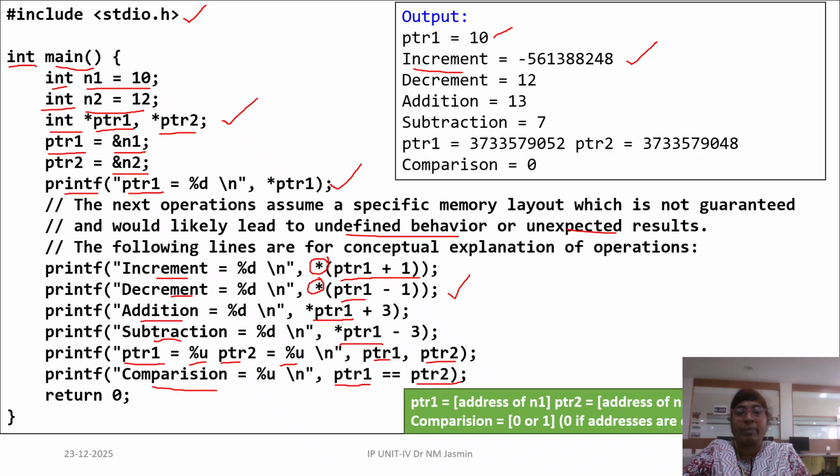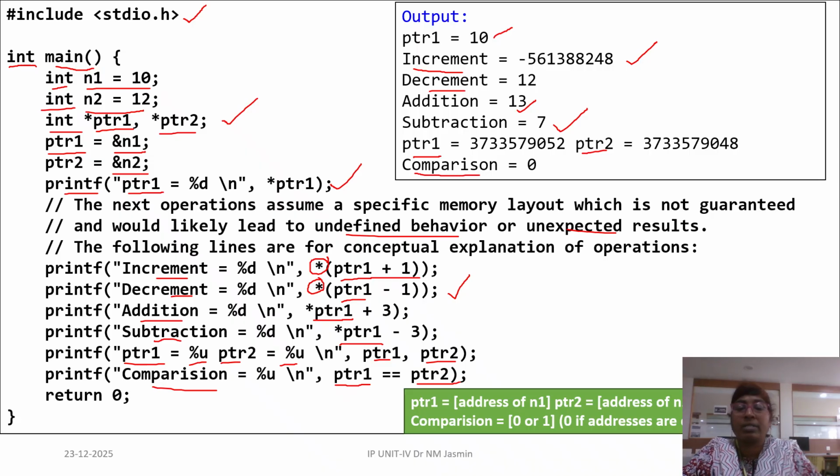Decrement is pointer 1 minus 1 with the dereferencing operator, and now the decrement becomes 12. Now the addition value will come, and the subtraction value will also come as output, along with pointer 1 and pointer 2.